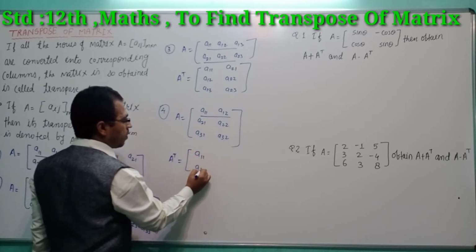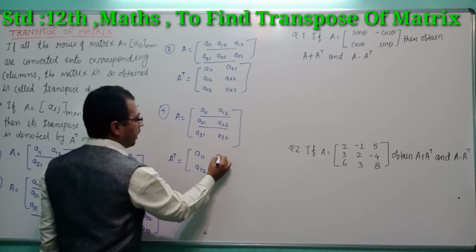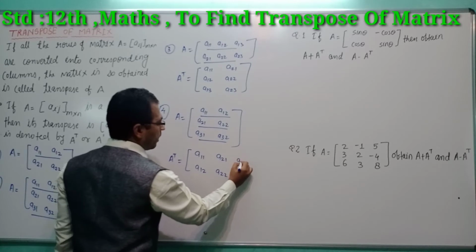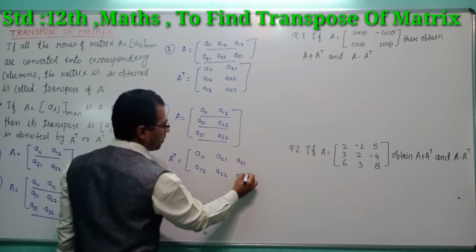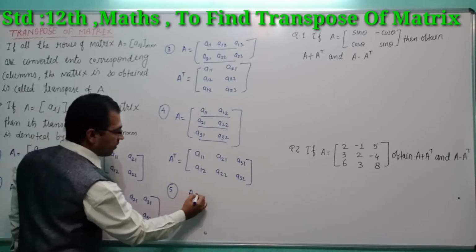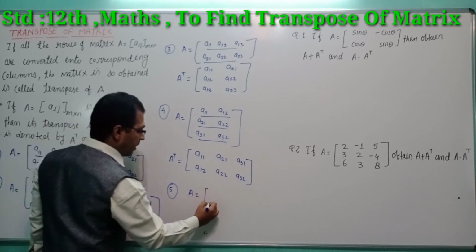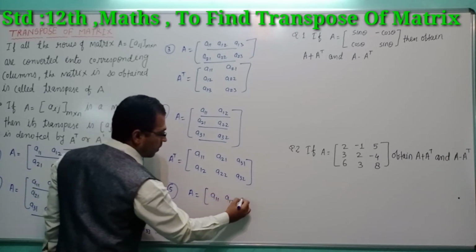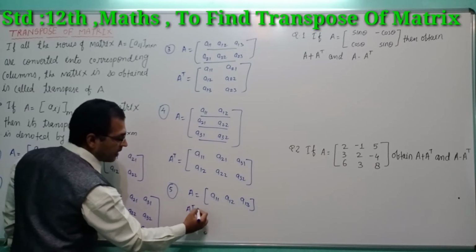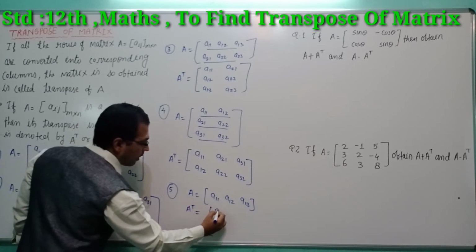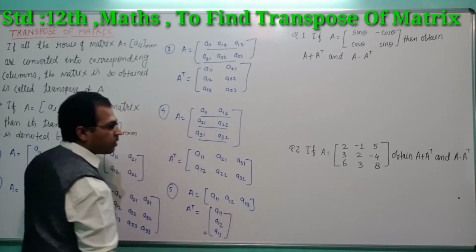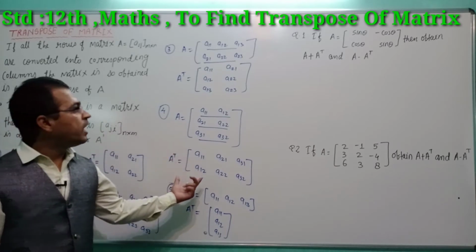A11, A12, A21, A22, and A31, A32. Right? Okay, moving to the final example. Suppose A having matrix elements A11, A12, A13. So what will be the transpose of this matrix? A11, A12, A13.